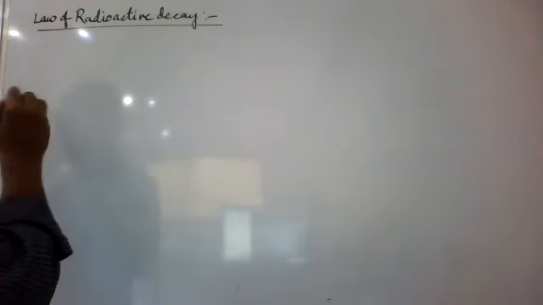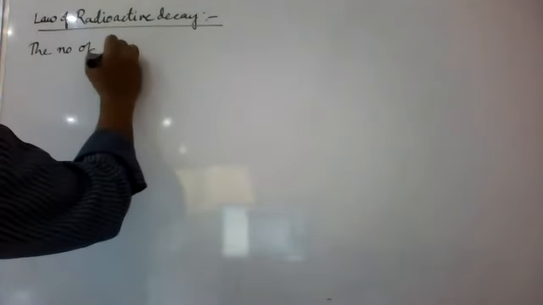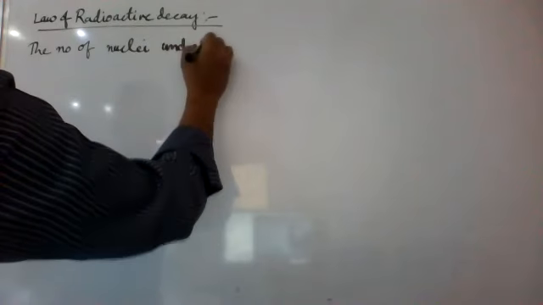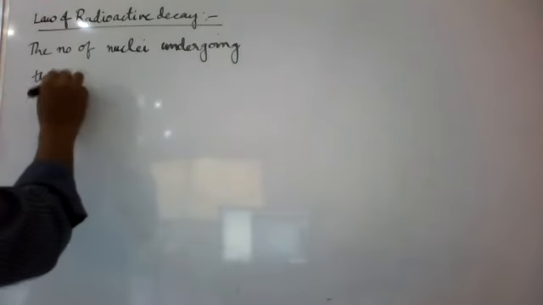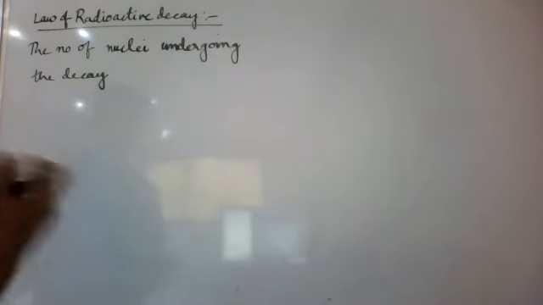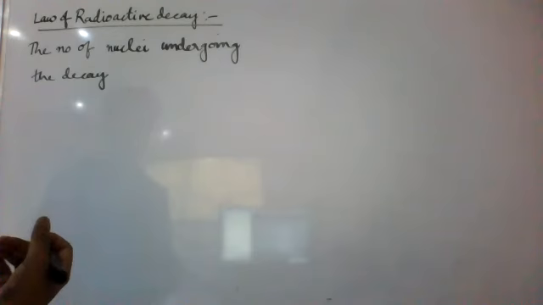Now, it is found that the number of nuclei undergoing decay per unit time is proportional to the total number of nuclei in the sample. Radioactive elements decay by emitting alpha, beta, gamma particles, and they reduce in the nucleus.